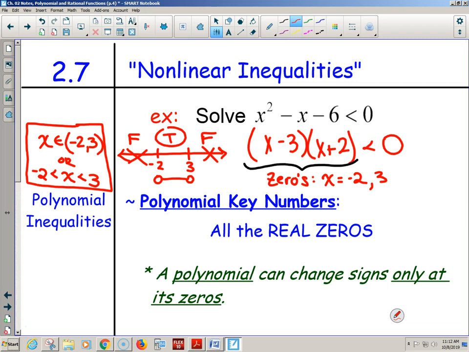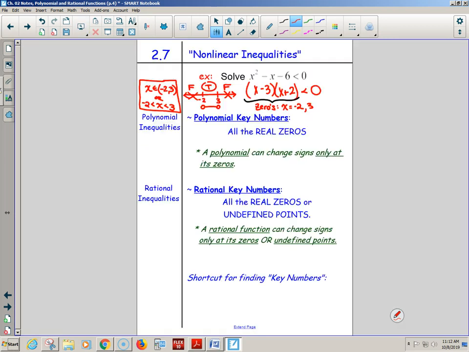So, check it. What does the page say? Polynomial inequalities. Key numbers, all the zeros. Oh yeah, they were the key ones we had to put in. Key as in most important, as in main. In calculus we call them critical numbers, but you don't know what a derivative is, so I can't use that term yet. Key numbers, the main ones, the important ones.